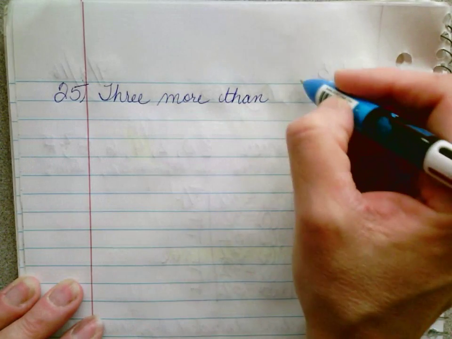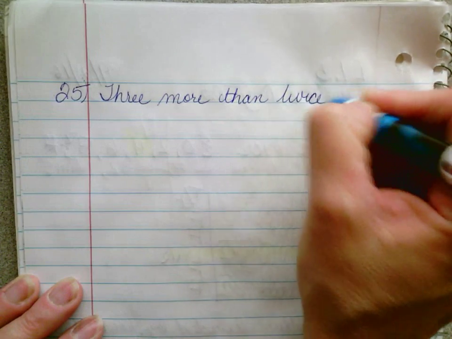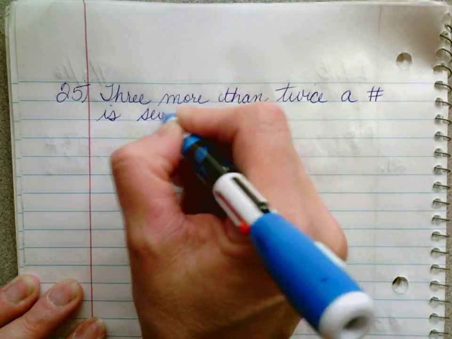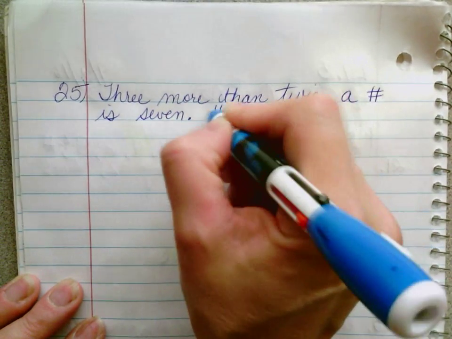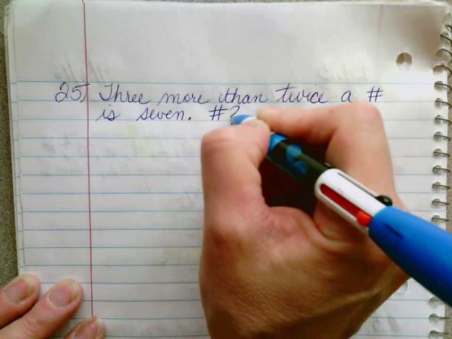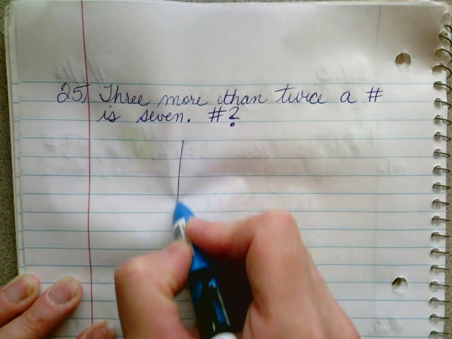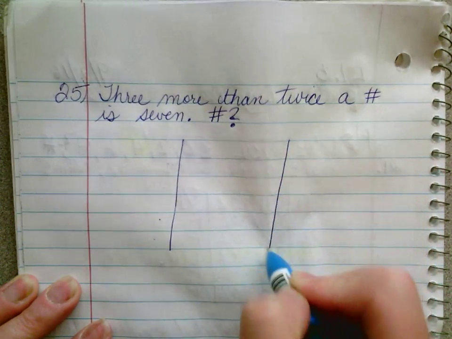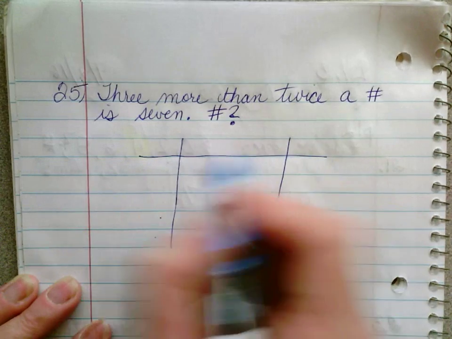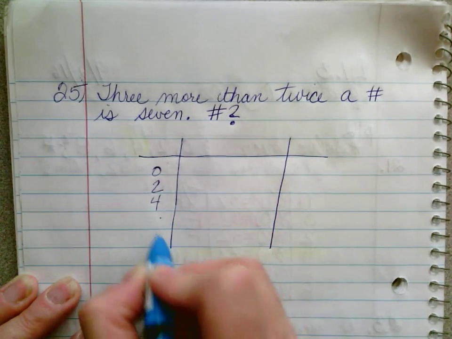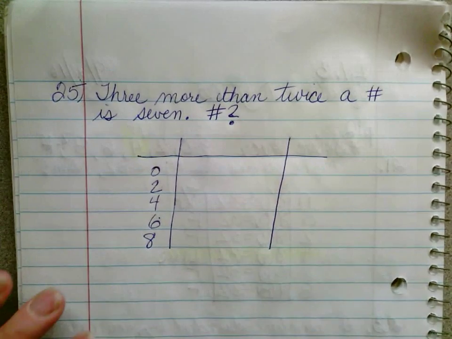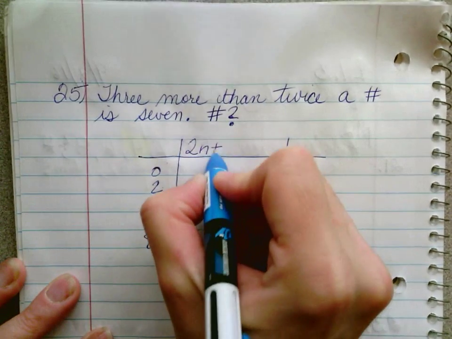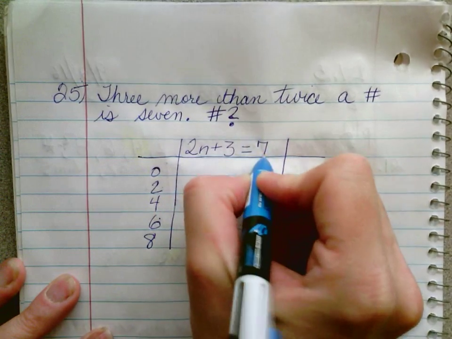Jay, I'm going to bug you on this one. Three more than twice a number is 7. What's the number? Okay, 0, 2, 4, 6, 8. Here's my little thingy. All right, Jay, what is your equation going to be? 2n plus 3 equals 7.